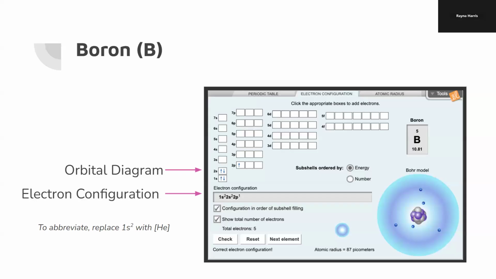Wait, for all the gizmos of the element builder? No, this is the periodic table builder. No, it's the periodic electron configuration. So electron configurations, click launch, and then click that tab, electron configuration tab. Yeah, and so you start adding it, you click the next element to get to, there you go.